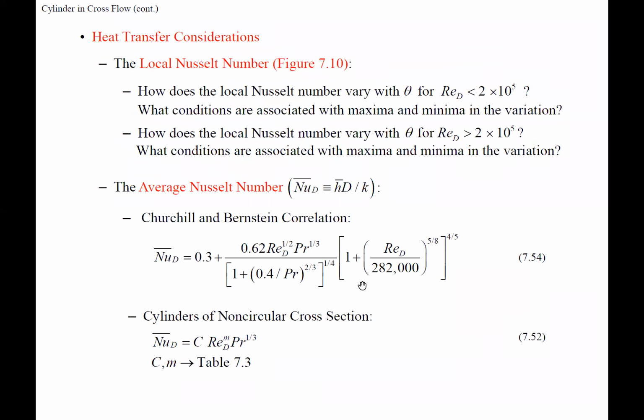All right. So then taking that to heat transfer coefficients, we have a figure for the local heat transfer. The local Nusselt number is shown in 7.10. So it shows it over 180 degrees around that cylinder, what that local Nusselt number change is as it goes around that cylinder.